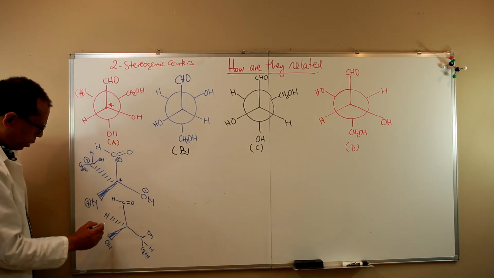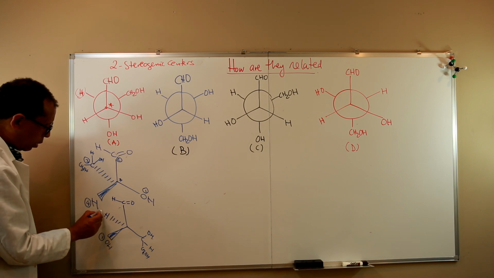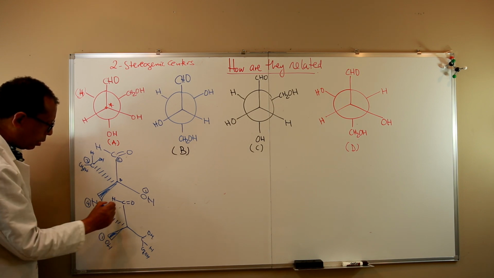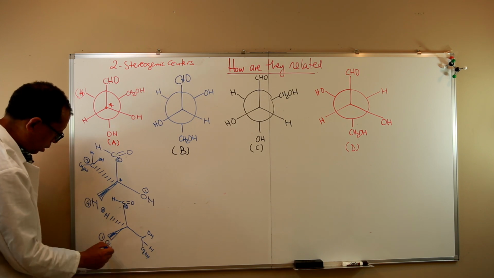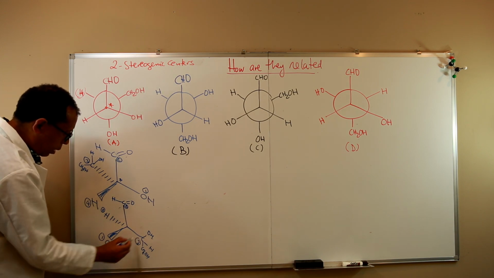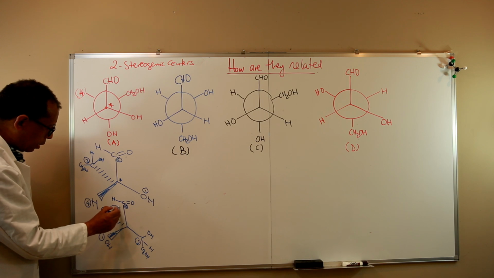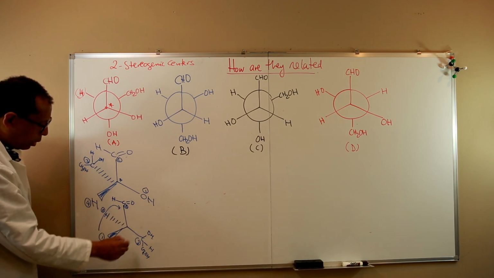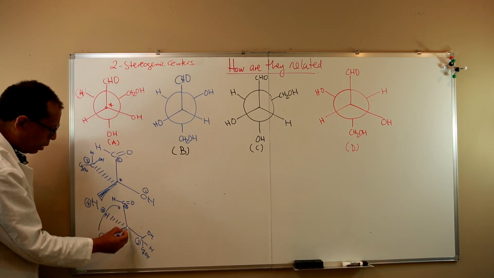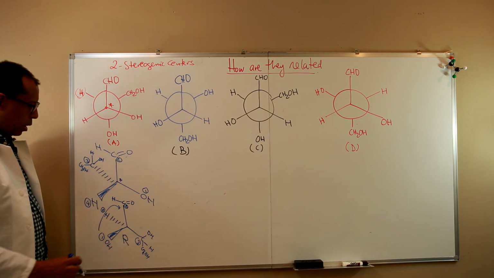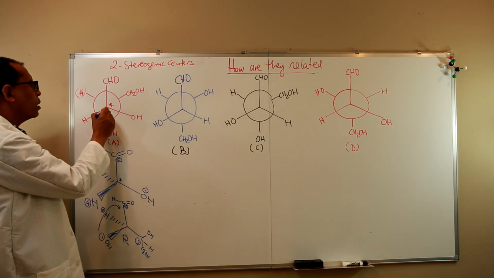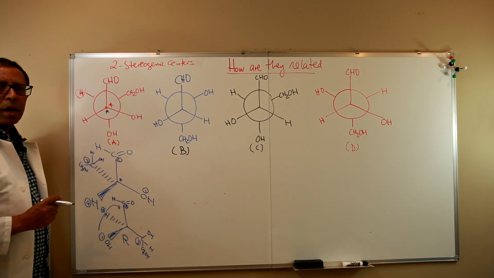So still the priority is, this is 1, this is 4 now, where it should belong, this is 2, and this is, I think, 3. So I can easily go like this. This is a clockwise rotation. So this carbon is an R carbon. Do you agree? That is an R. So the front carbon is R.